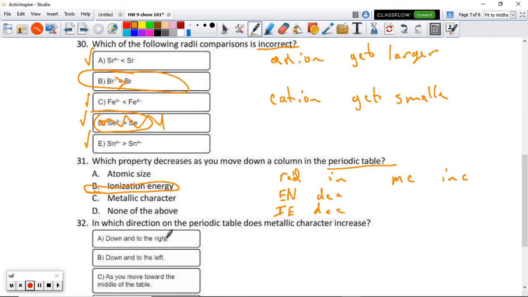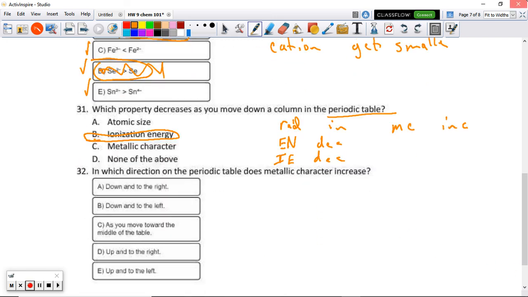All right, and then in which direction on the periodic table does metallic character increase? So it increases as we're going down, and it increases as we're moving left. So the further you are to the left and the lower you are on the periodic table.